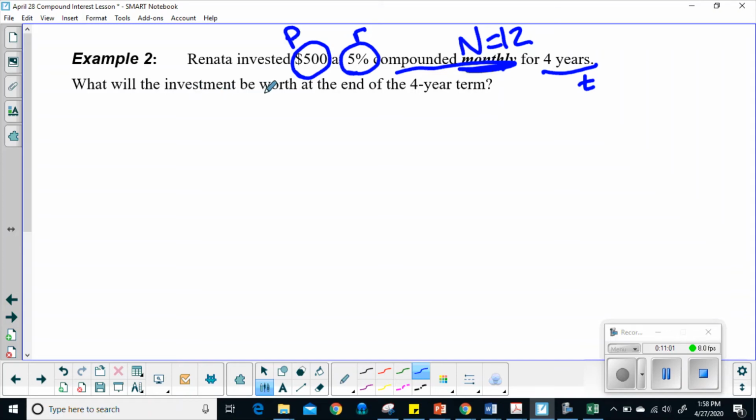What will the investment be worth? So that means I need to find my final amount at the end of the 4-year term. We're dealing with compound interest, so A, P, I, N. My final amount is what I'm looking for. My starting amount is 500.